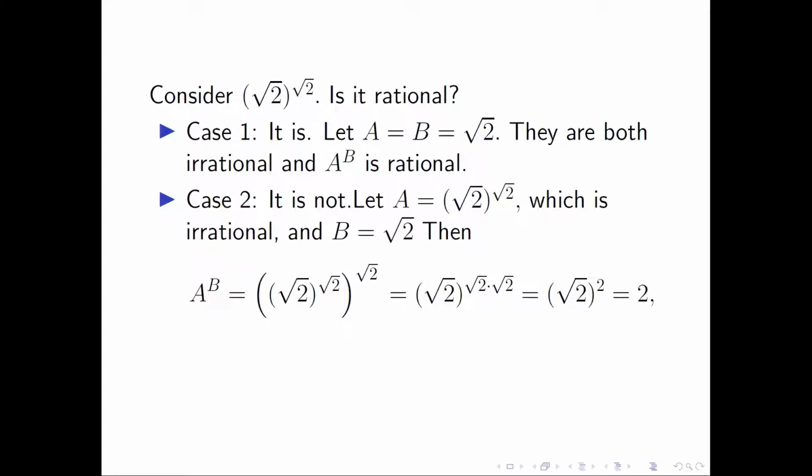We got 2, which is rational. Irrational to the power of irrational can be rational. We are done again. We really don't know if square root of 2 to the power of square root of 2 is rational. But it doesn't matter. In either case, we find an example.